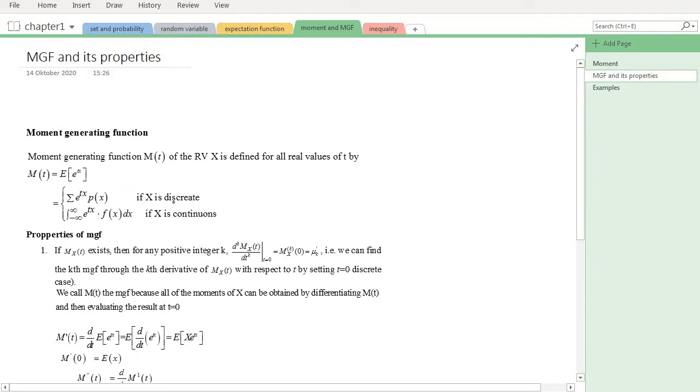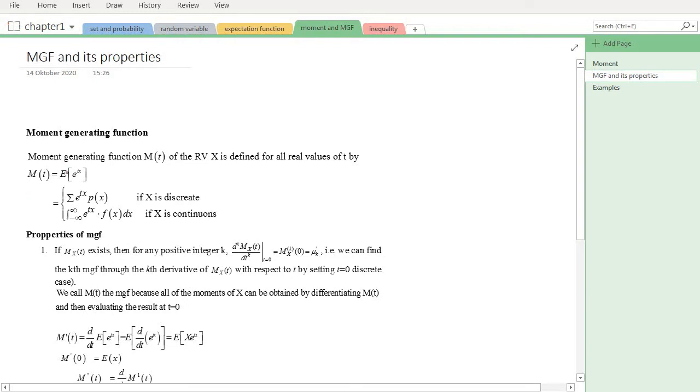If x is a discrete random variable, it is the sum of the exponential power tx multiplied with the PMF. If x is a continuous random variable, then the moment generating function is obtained as the integral of the exponential power tx multiplied with the PDF fx.